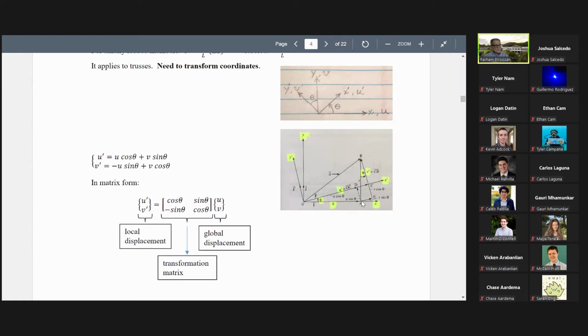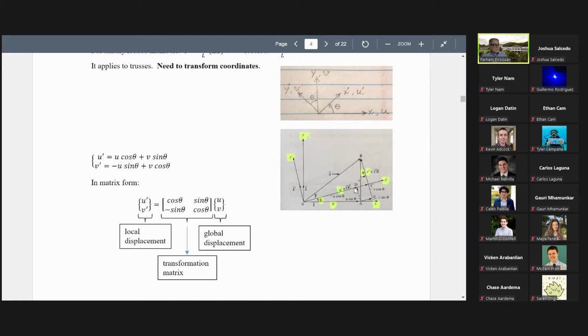If there is a displacement u and a displacement v, I want to see what it is with respect to local. I just draw a perpendicular, so it would be this side plus this side, which makes u prime in the x prime direction.